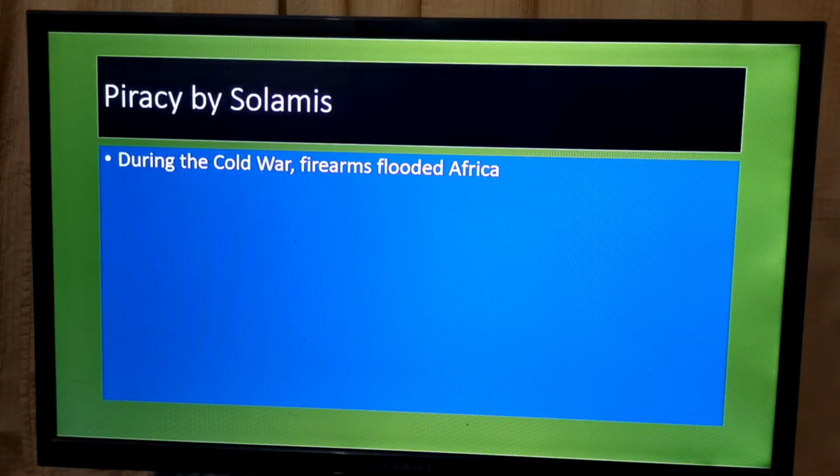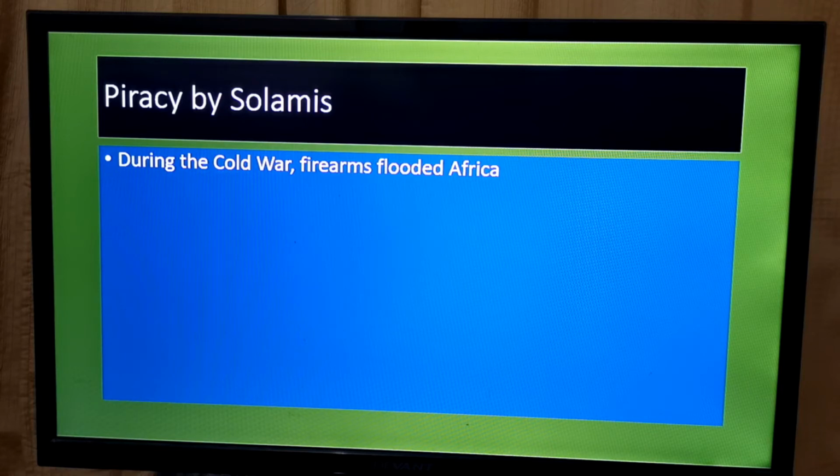Now, we have to go back to history and see that there are a lot of firearms that flooded Africa during the Cold War. In our past lessons, we mentioned the Cold War, the struggle between the communists and the democratic rich countries in trying to get as many third world countries into their fold or into their backyard.